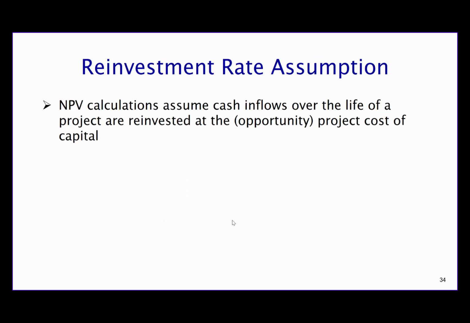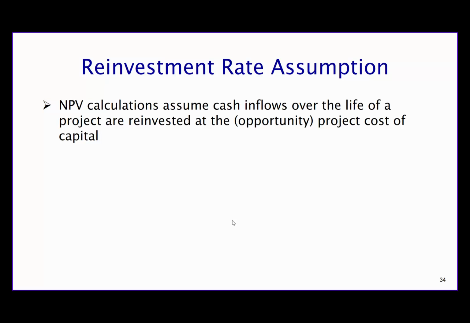The third disadvantage of the IRR, or I'll say the third advantage of the NPV, and this was more of a technical one, less important than the other two. There's an assumption made when you do time value of money calculations. We don't really talk about that much, but NPV calculations, when you're doing a present value calculation, assume that those positive cash inflows over the life of the project are reinvested at the cost of capital, which is an opportunity cost principle here.